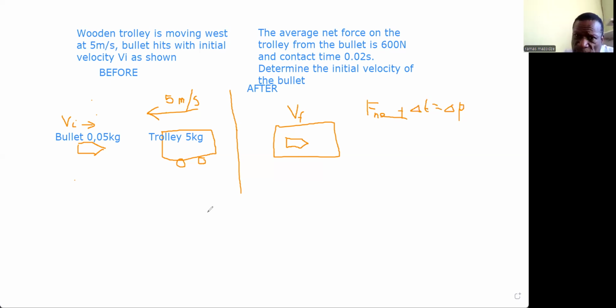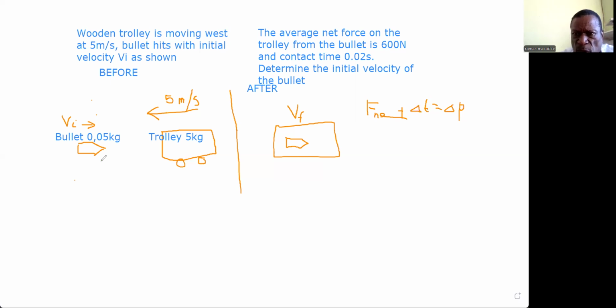What is important for us to note is that if the average net force on the trolley is 600, then by Newton's third law, the average force of the trolley on the bullet will be minus 600.